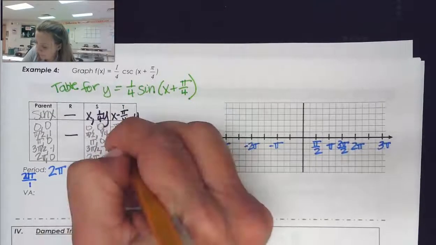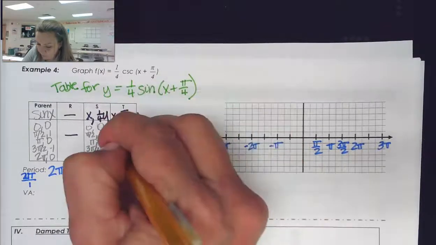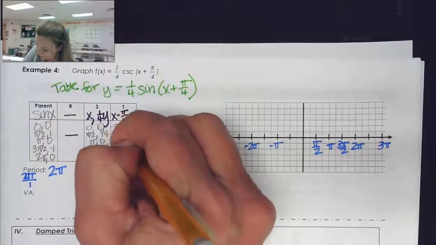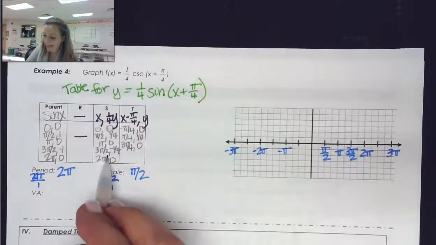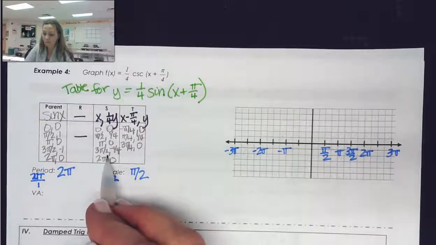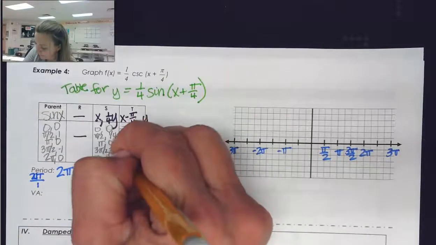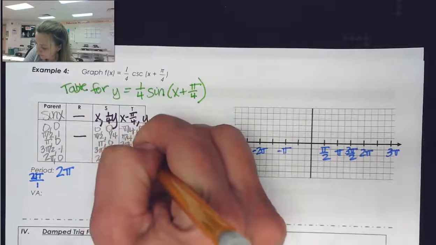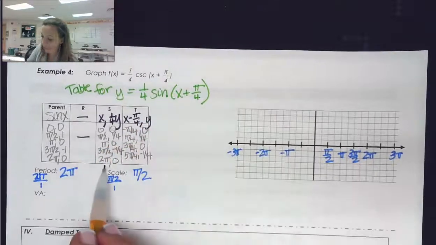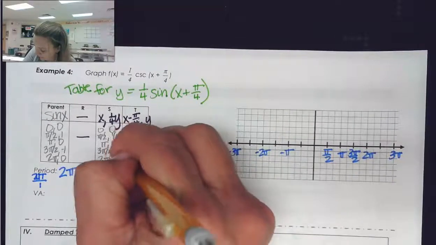Pi minus pi/4 is 3 pi/4, 0. 3 pi halves, which is like 6 pi/4 minus pi/4 is 5 pi/4. And then 2 pi minus pi fourths would be 7 pi fourths.